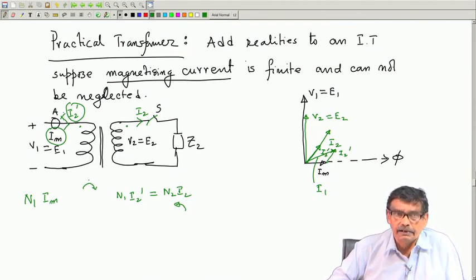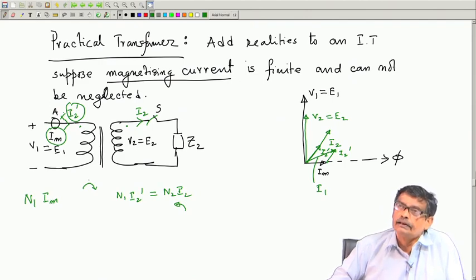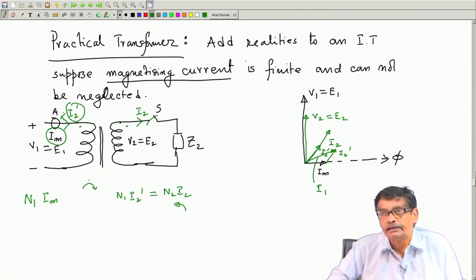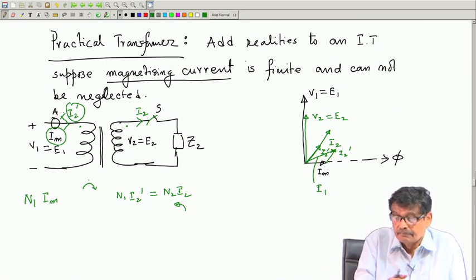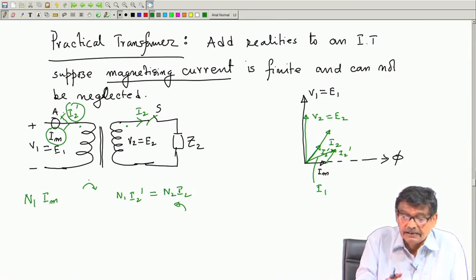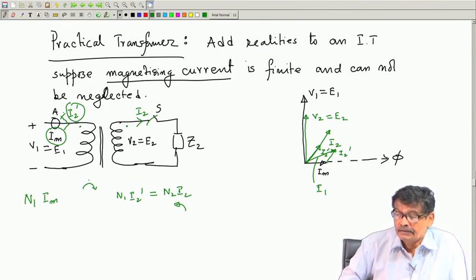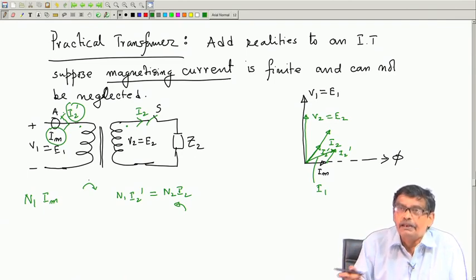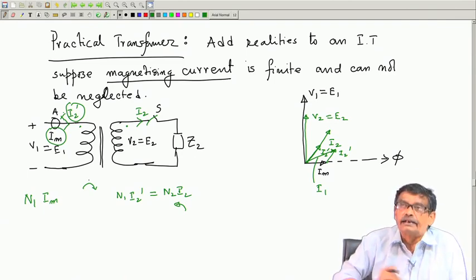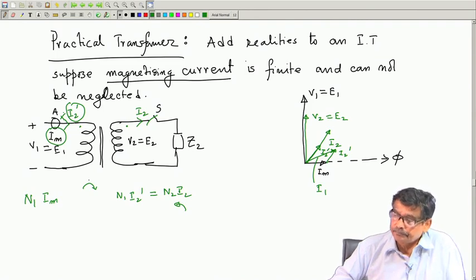I mean that I will add some parameters, some components in an ideal transformer, so that whatever I have seen happening in a practical transformer, those components in the ideal transformer will explain that thing correctly. That is the idea.